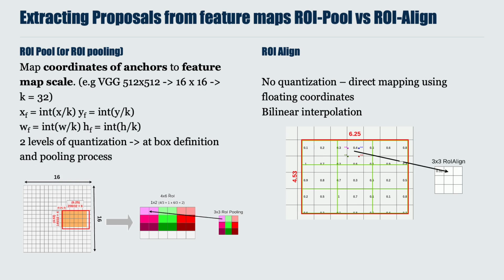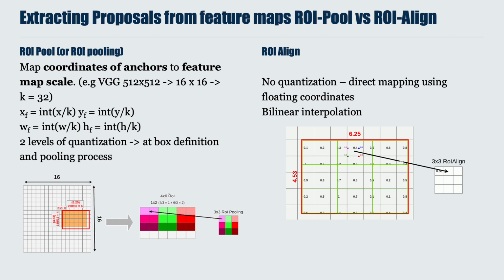So now onto pooling and alignment, because of the problems of trying to map the coordinates of your anchor to the feature map scale, and to make sure that you actually really take in what you need.